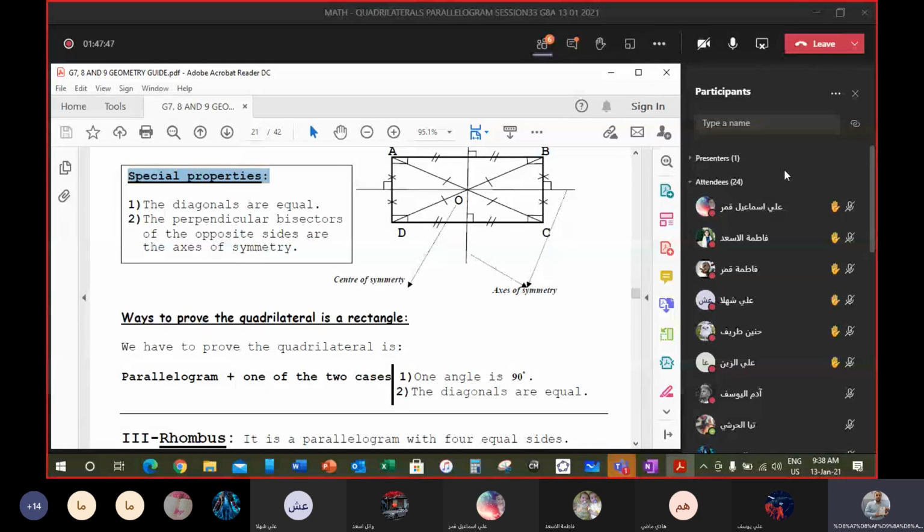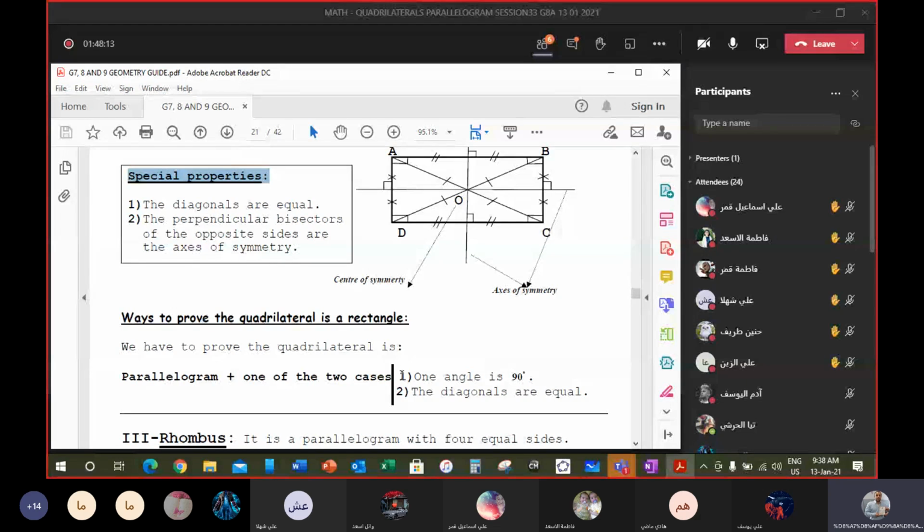To prove that a quadrilateral is a rectangle, we have to prove the quadrilateral is a parallelogram plus one of the two cases: either plus one angle 90, or plus the diagonals are equal, or plus the perpendicular bisectors of the opposite sides are axes of symmetry. But we focus on these two cases.